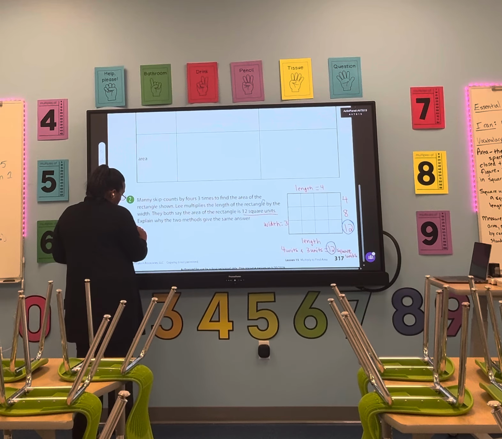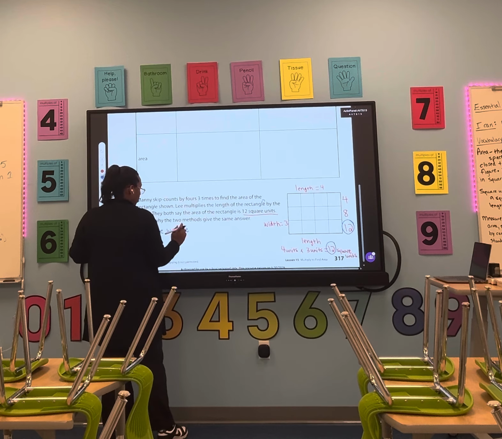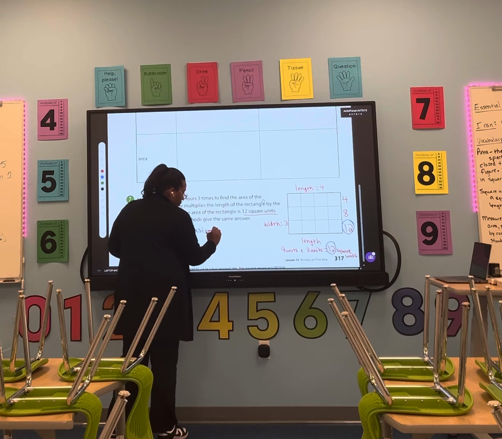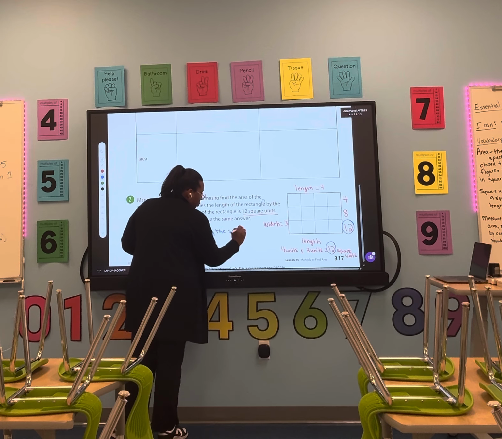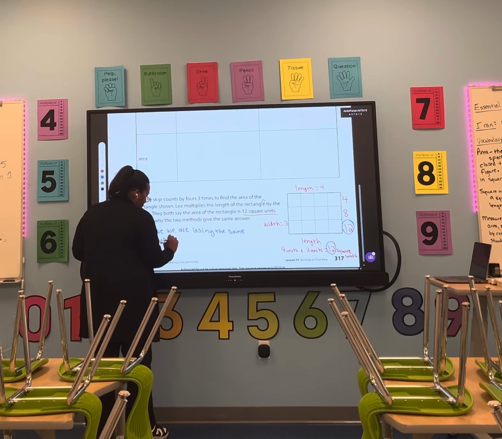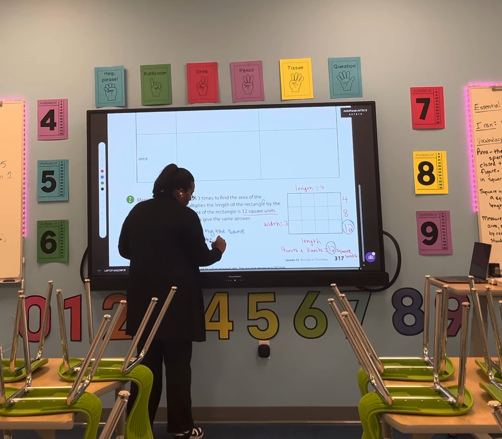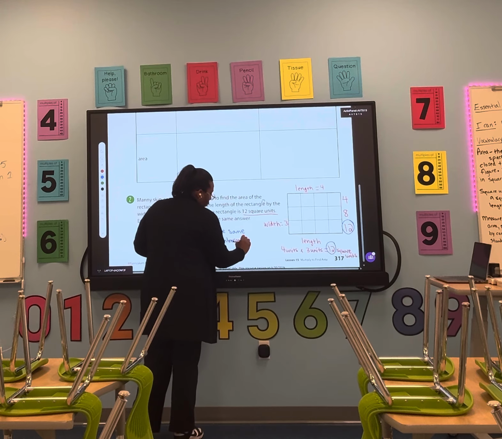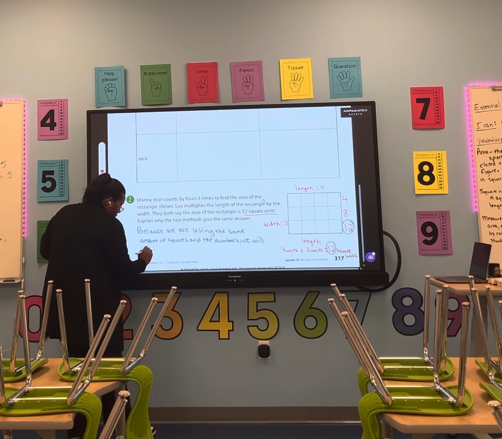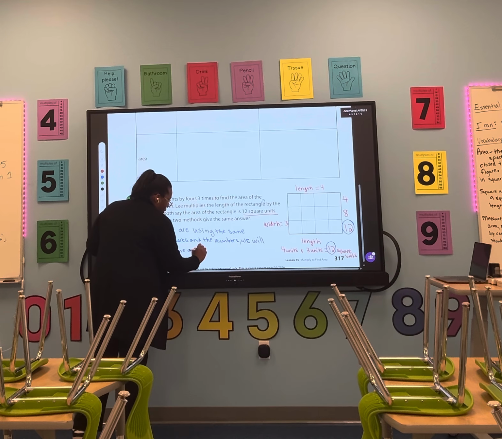So because we are using the same amount of squares and the same numbers, we will have the same area of 12.